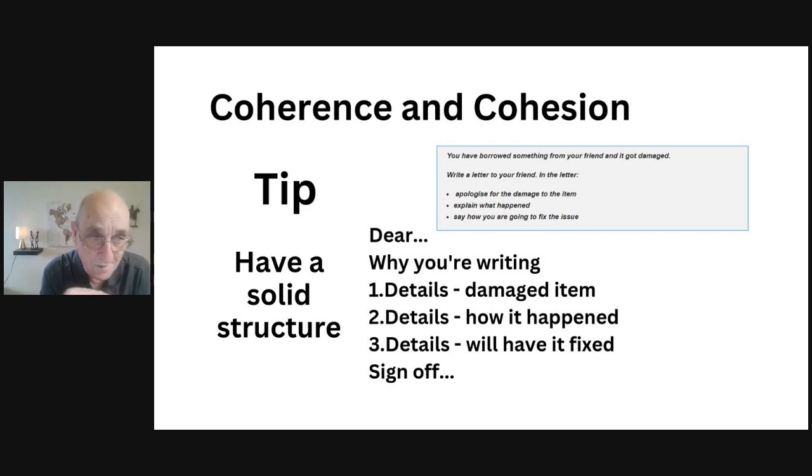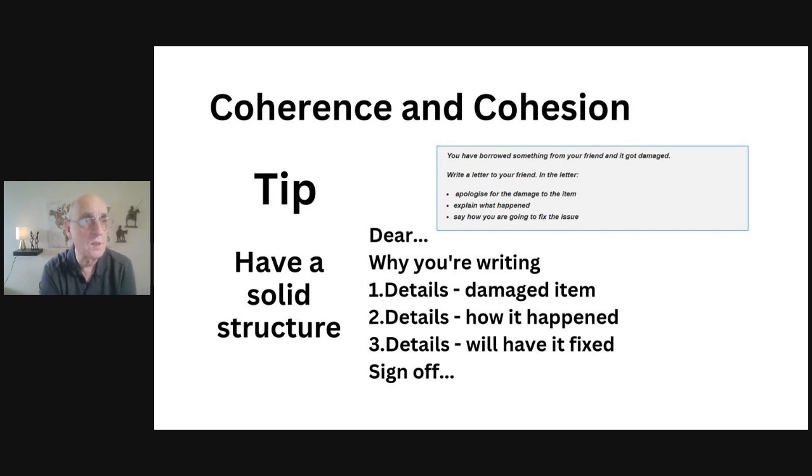Okay, and that's directly given in the prompt. And then I'm going to give details about how I will fix it, how I will get it fixed, and then I'm just going to sign off, "Your friend so and so." This is all that has to be included when it comes to the structure of your letter.